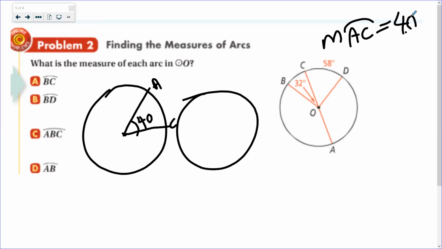Now what about the major arc? 320. It will be 320. Why 320? It is 360 minus 40. Now, this is a way. There is another way.